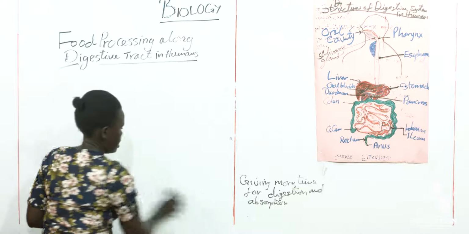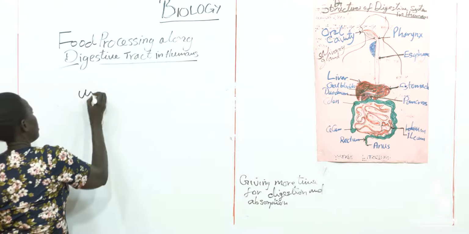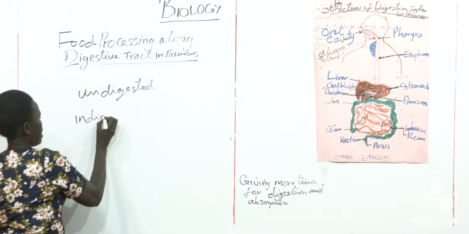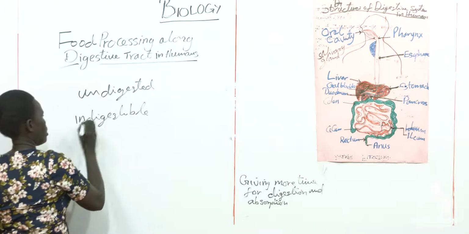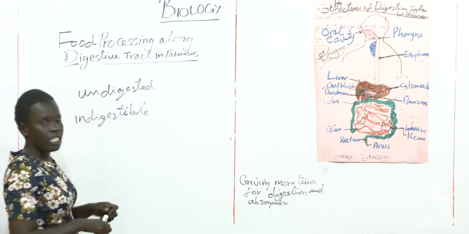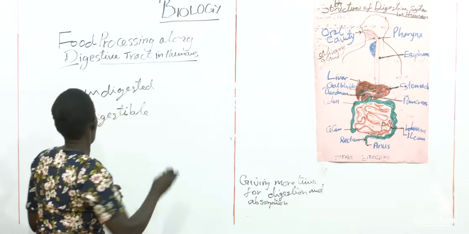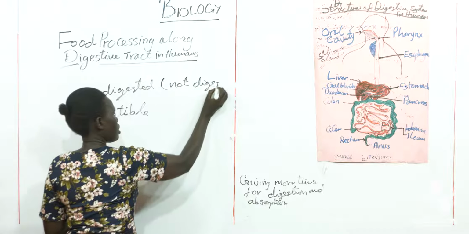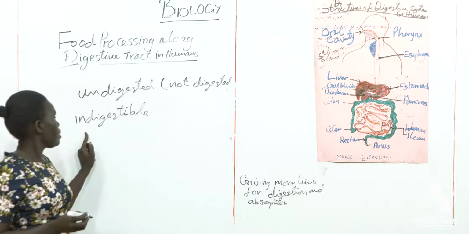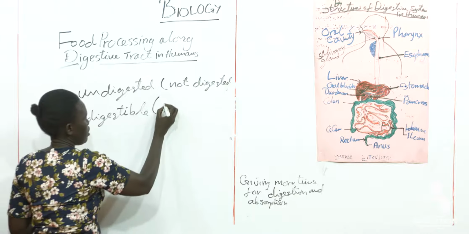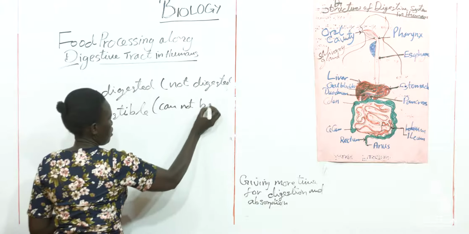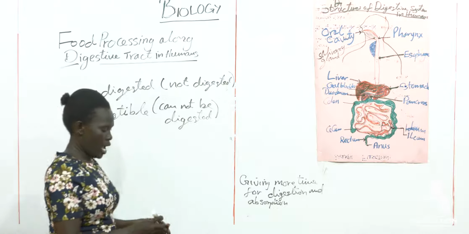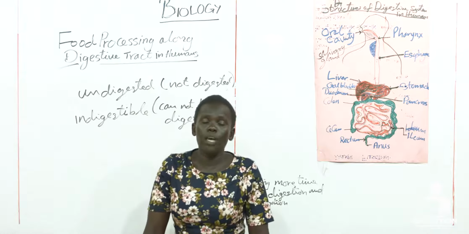Undigested food and indigestible food. Undigested means not digested, while indigestible means cannot be digested. These become the waste materials.